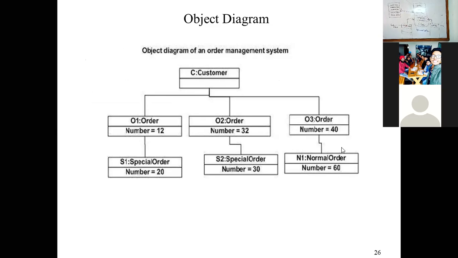And out of these, there are two special orders, S1 and S2, with the numbers 20 and 30. And further there is a normal order with the number 60. So this way you can map from the class diagram to an object diagram.